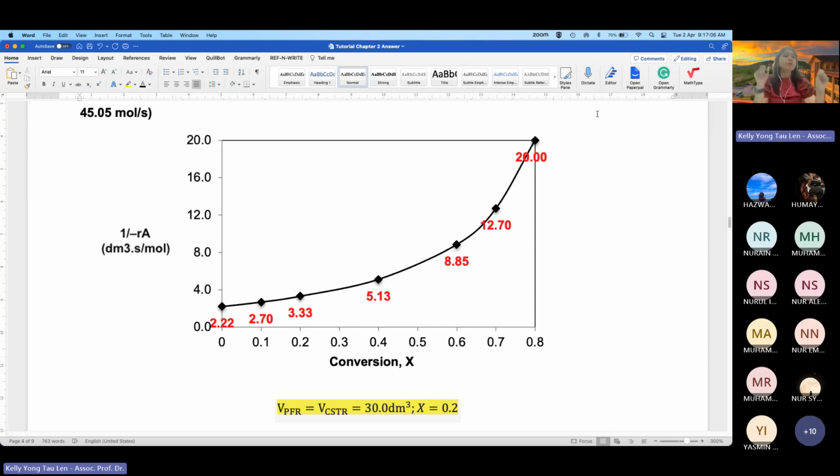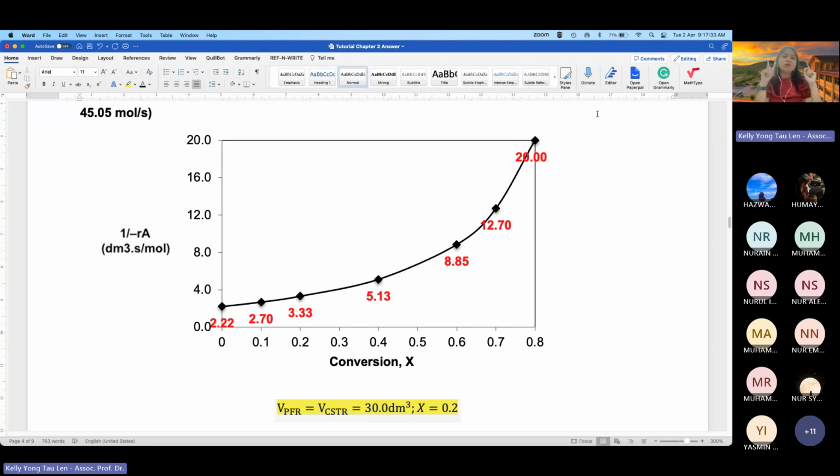You also remember that both design equations, PFR and CSTR, have conversion. Both equations have the parameter of volume, and both have the parameter of conversion. So you know you are on the right track. As well, if you remember, both equations also have FA naught.